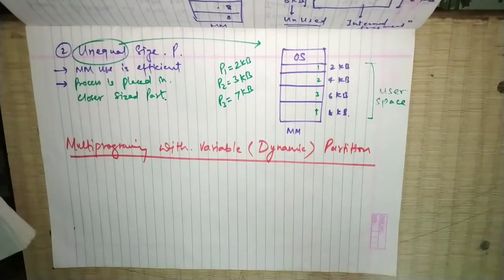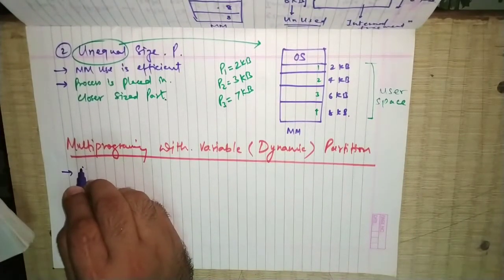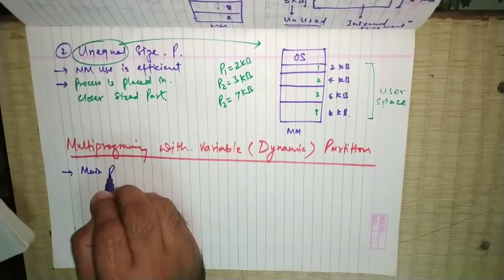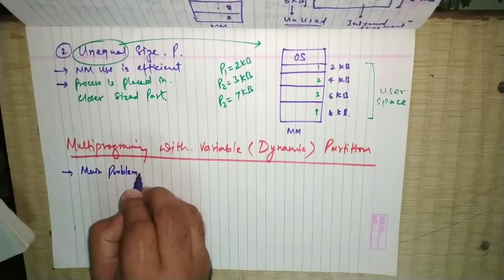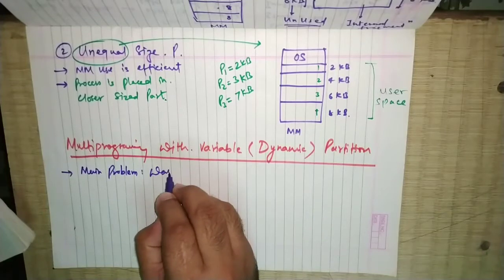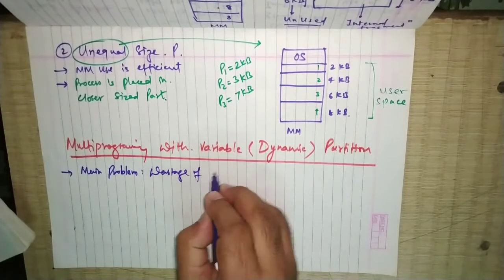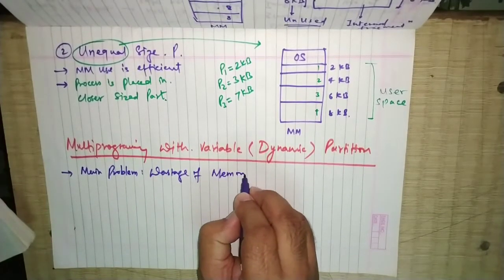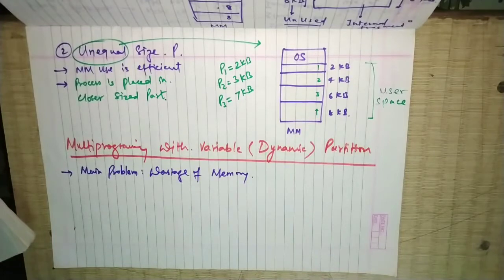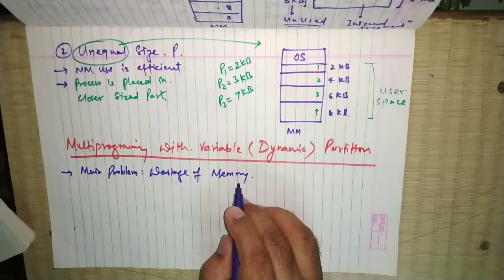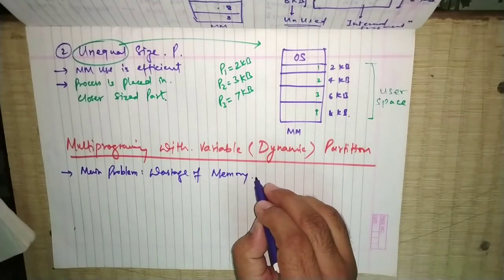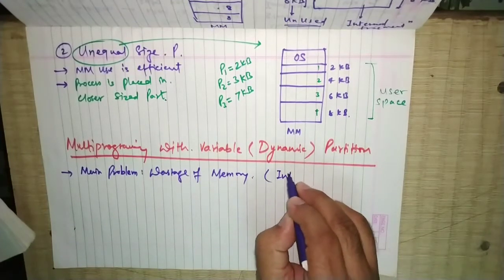So the main problem was wastage of memory, and it was due to internal fragmentation.